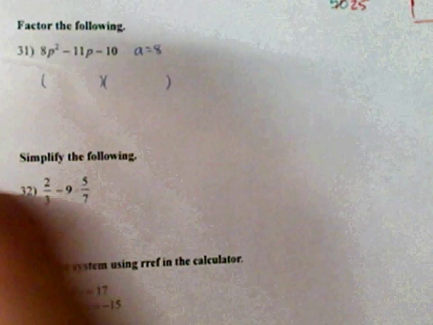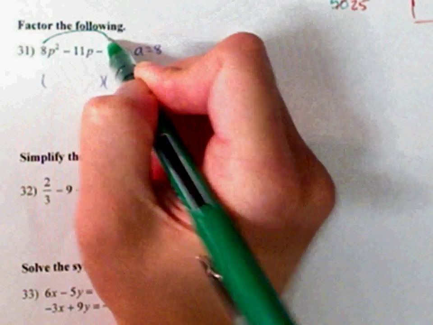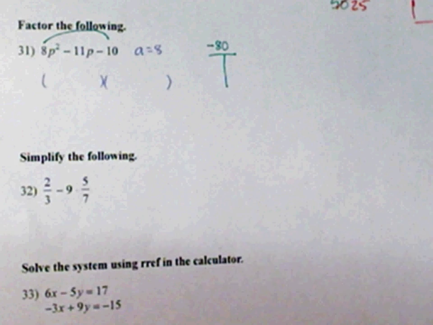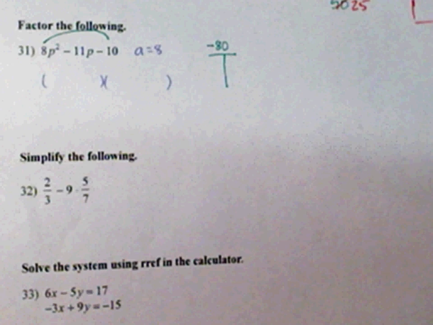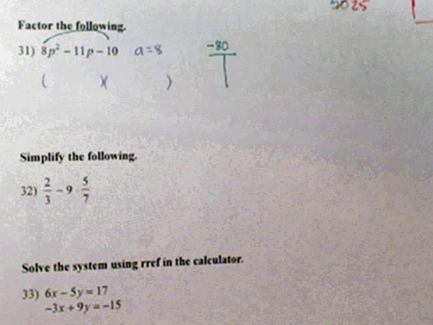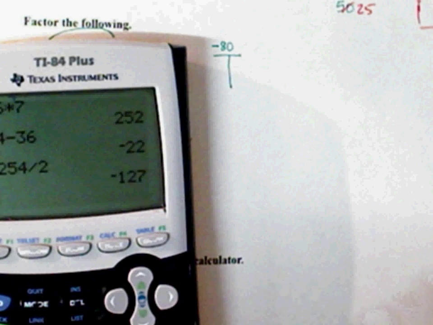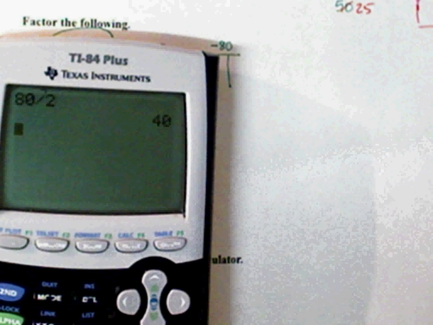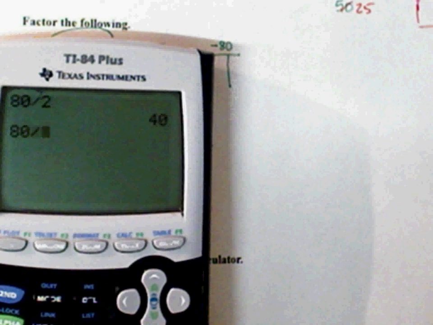All right, first of all, 8 times negative 10 is negative 80. Okay, what two numbers multiply to give you negative 80 and subtract to give you 11? You can go to your different ways to do it. I prefer to do it this way. So I just go 80 divided by 2. That doesn't give me 11. 80 divided by 4.